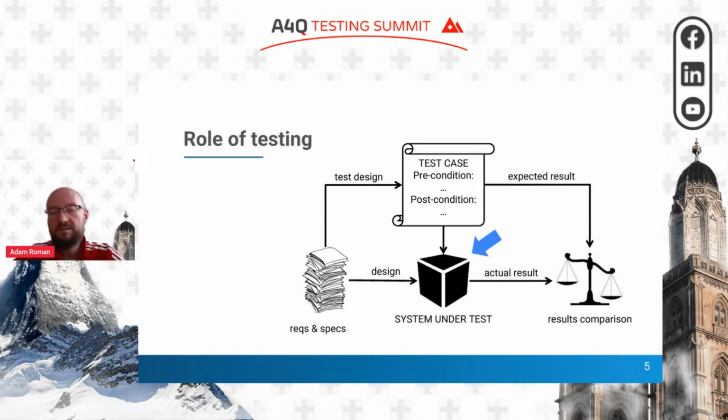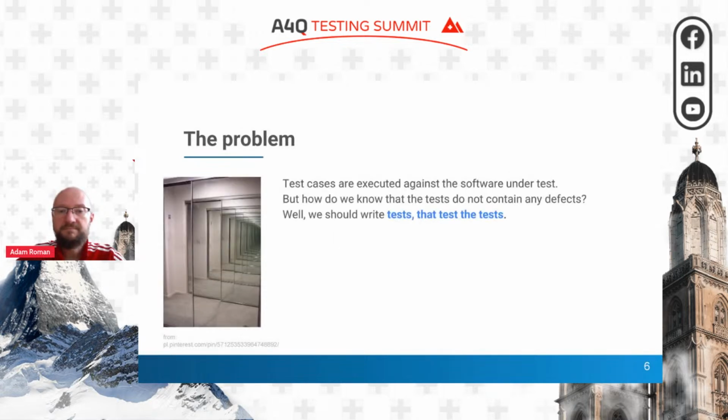So in order to be accurate about all this, we should actually test not only the system under test, but also the tests we use to test the system. Because we don't know if the tests contain any defects, we should write tests that test the tests.